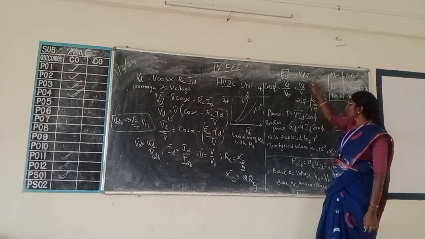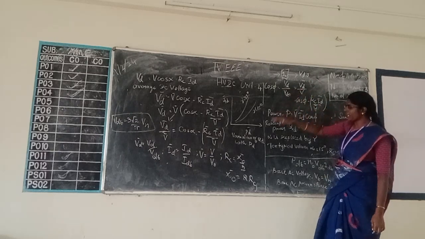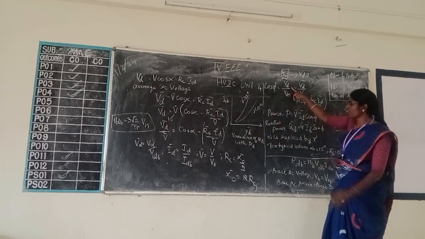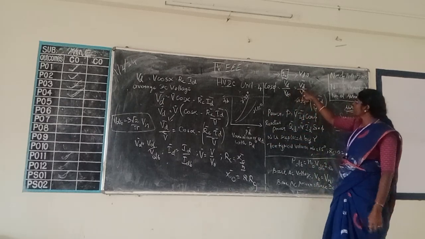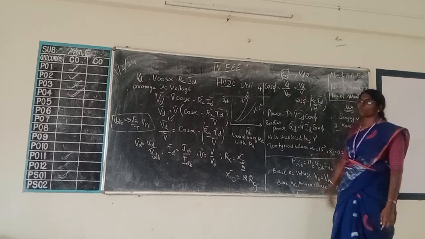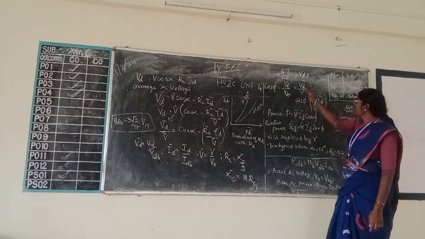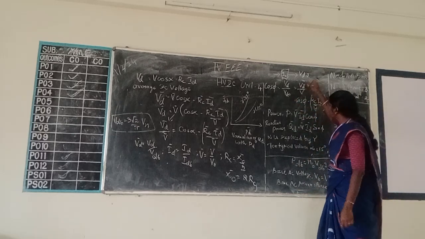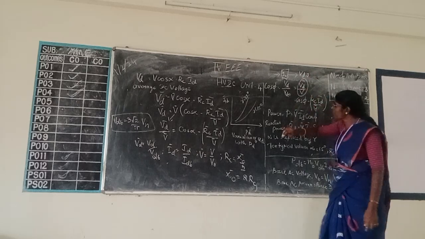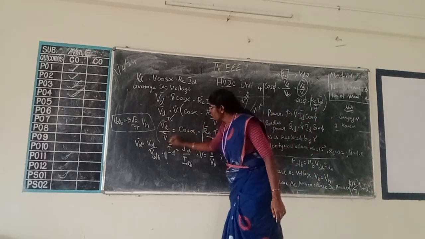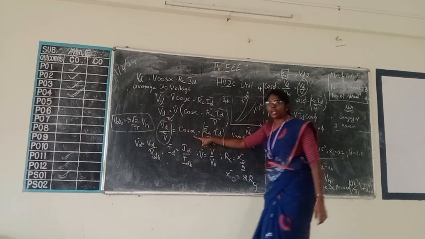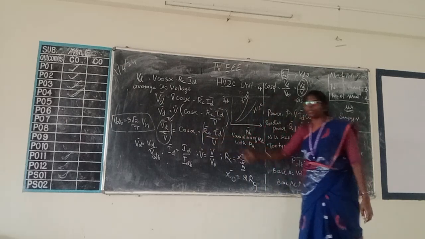We can substitute VD. We know the VD value, right? So by that we can get the VD bar by V. What is our VD bar by V? We have calculated. VD bar by V is equal to cos alpha minus RC ID by delta.